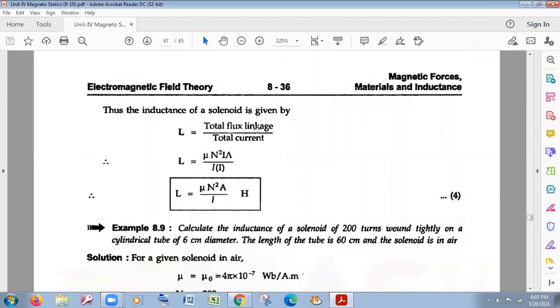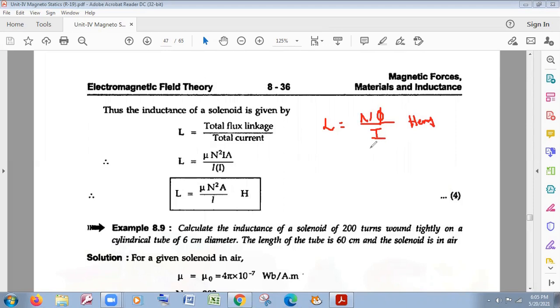Actually, what does total flux linkage mean? L is equal to N phi by I, where L is the inductance. Total flux means N phi by the total current I.